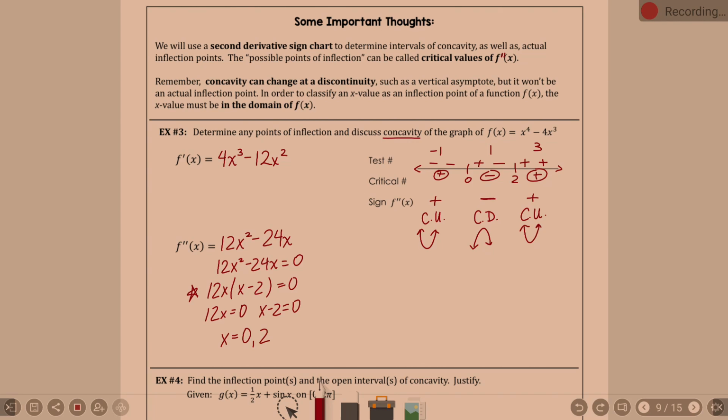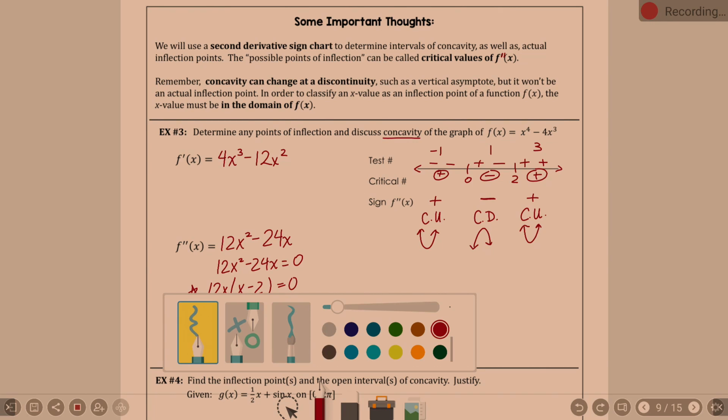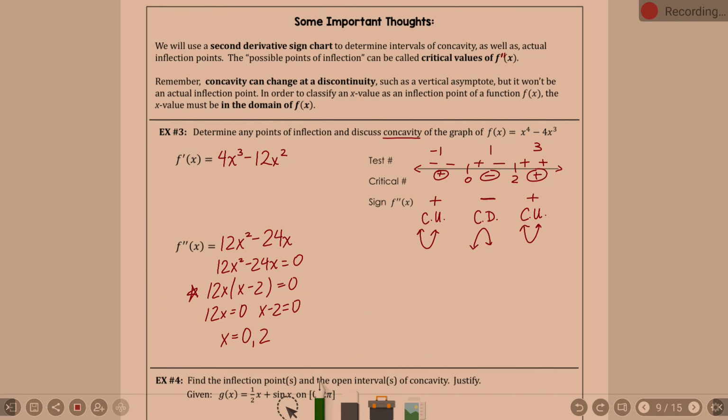Okay, let's see. What all do we need to discuss? Determine any points of inflection and discuss concavity. So, points of inflection. What points of inflection do we have? Now, based on what I have written, I agree.